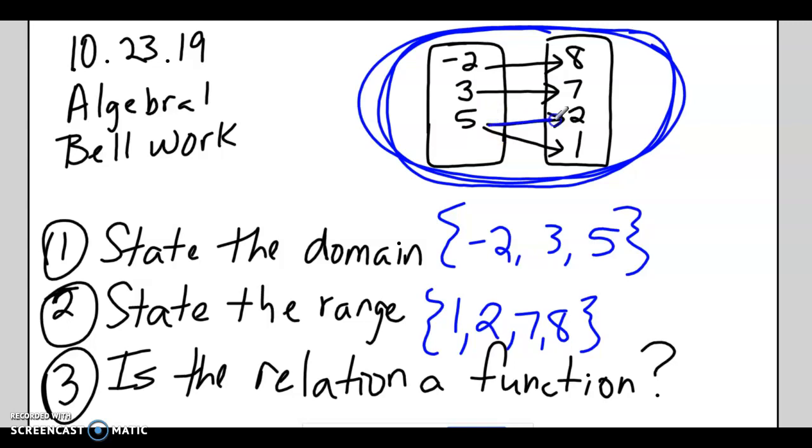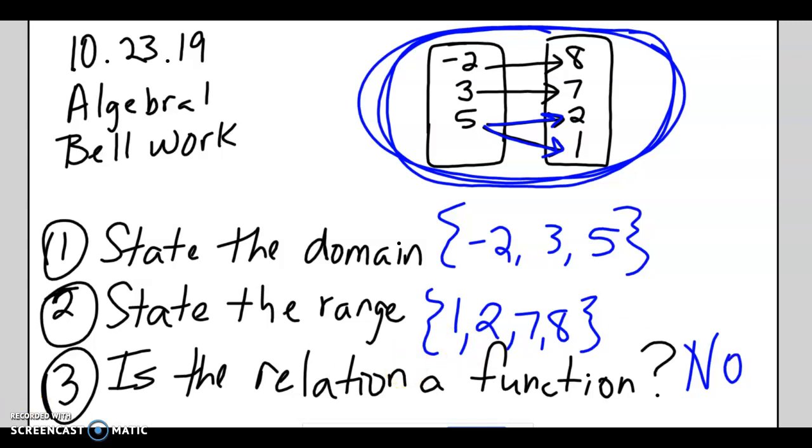So 5 has 2 as a range value and 1 as a range value. If that's the case, that is not a function. In order to be a function, each input value can only have one output value. And here 5 had 2 different output values. So, all right, there we go.